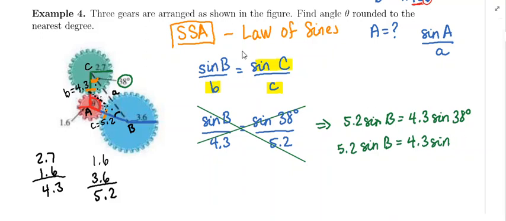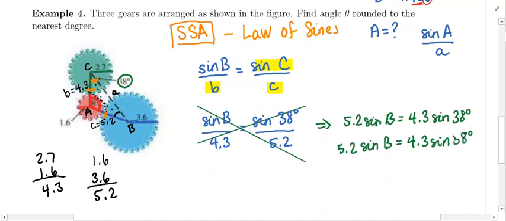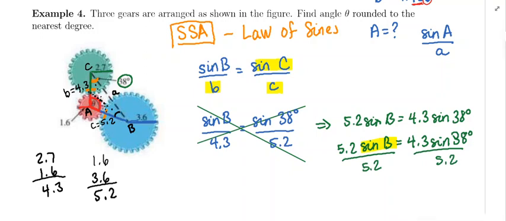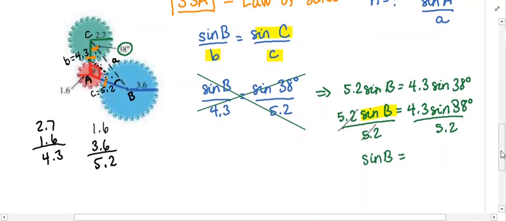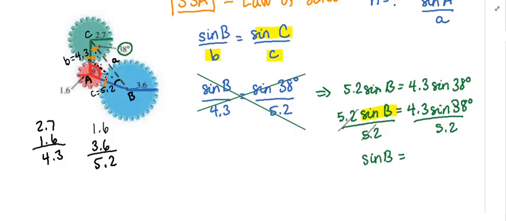Okay, so let me write this out. We are after this guy. So first thing we need to do is divide off the 5.2. On the left side, the 5.2's will cancel, leaving me with the sine of B. I'm going to go to my calculator and see what this equals. Make sure you're in degree mode.